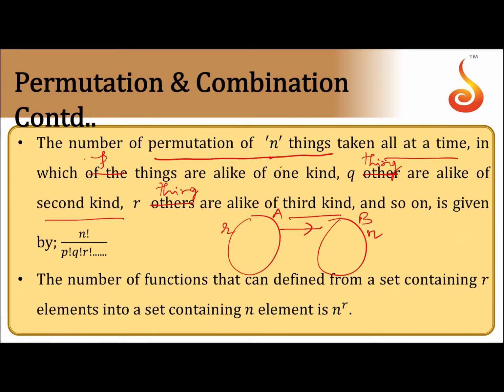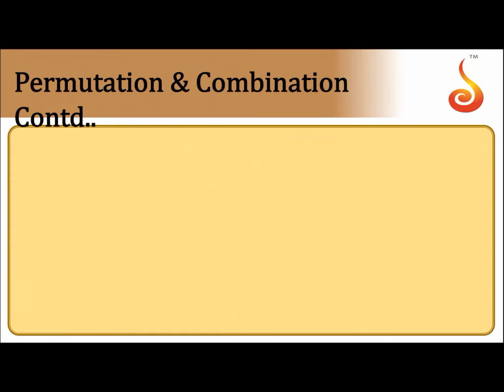The number of mappings defined from set A to set B is the number of ways of filling r blank places, first blank, second blank, third blank, up to r blank places, with n distinct objects when repetitions are allowed. That's n to the power of r, the number of possible mappings defined from set A to set B.